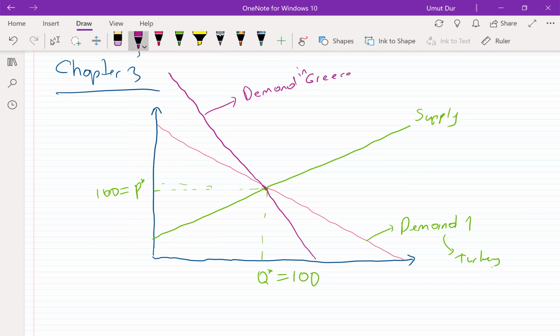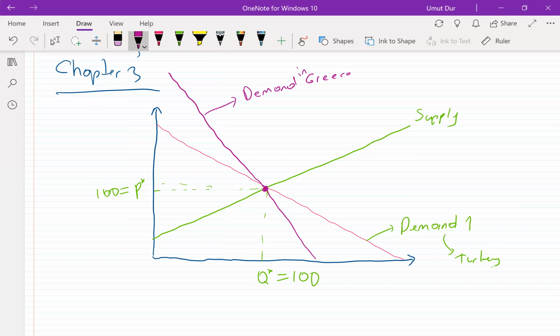As you can see, the supply curve intersects the demand curve of Greece and the demand curve of Turkey at the same point. That is our equilibrium price and equilibrium quantity.